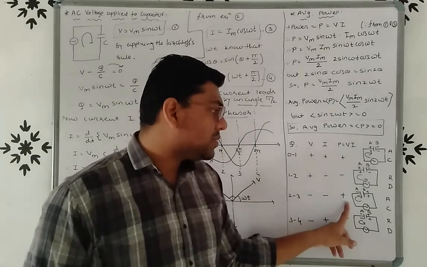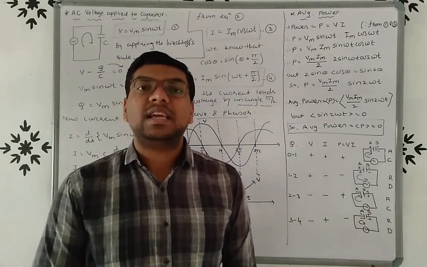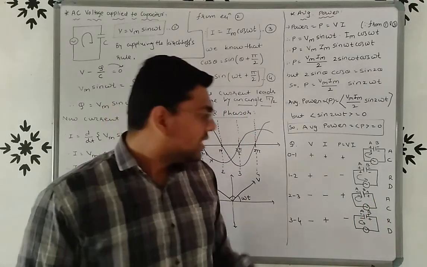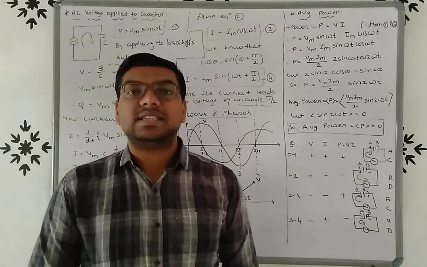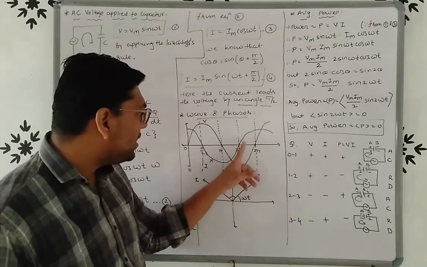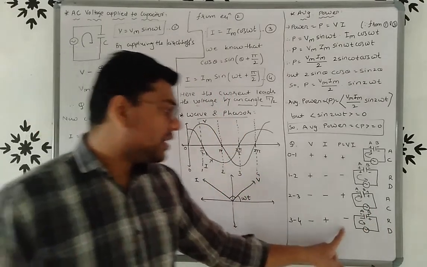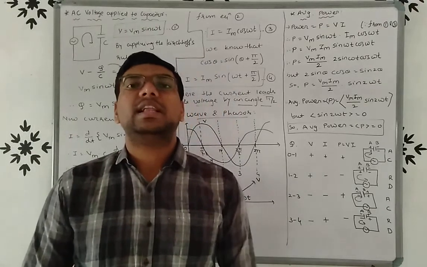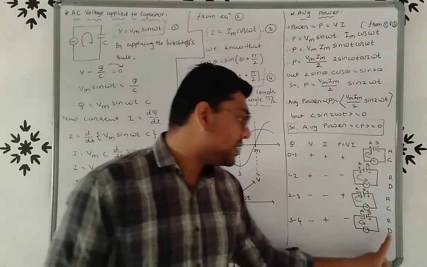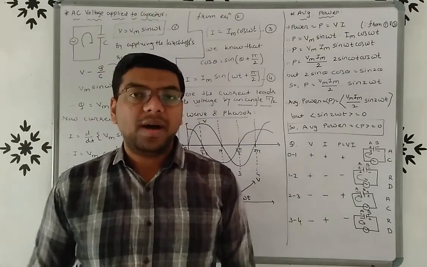As the product is positive, the energy is absorbed, and the capacitor starts charging. And for the last quarter, 3 to 4, voltage is negative and current is positive, so the product is negative and energy is released. As the energy is released, the capacitor starts discharging, right?